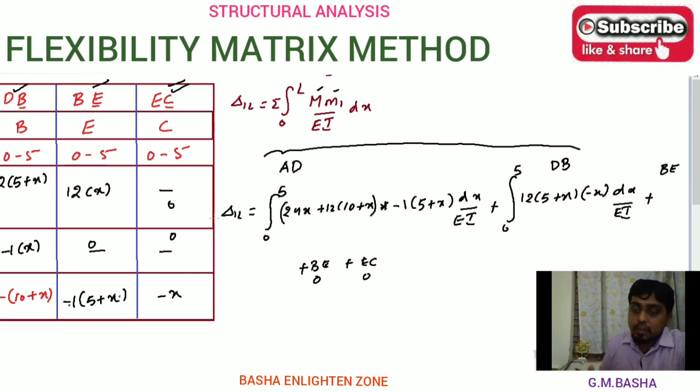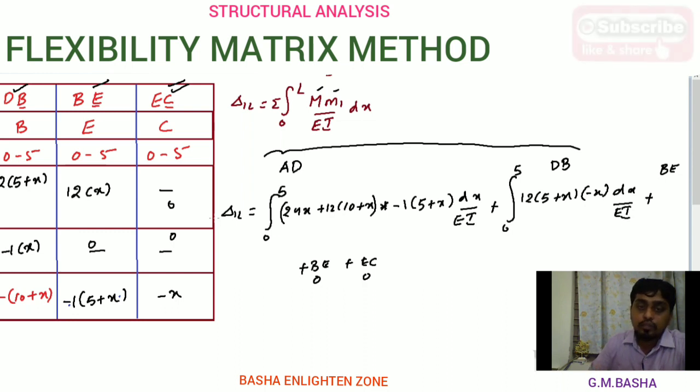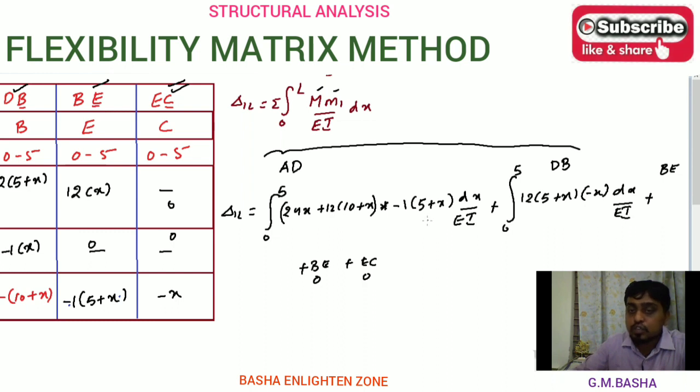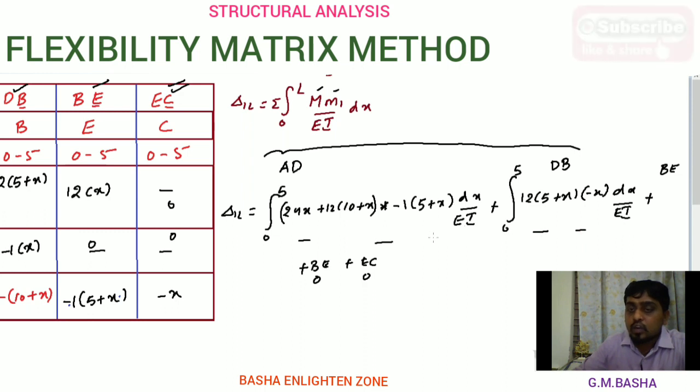You can simplify manually, but it will take more time. Due to the advancement of calculators, it can be simplified directly using your scientific calculators. So first simplify this portion, apply the limits 0 to 5 and simplify it in your calculator, and again this portion individually. You will get some value here and some value here. EI will be common, outside.